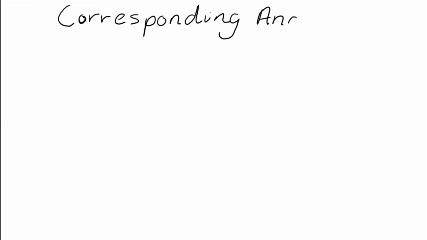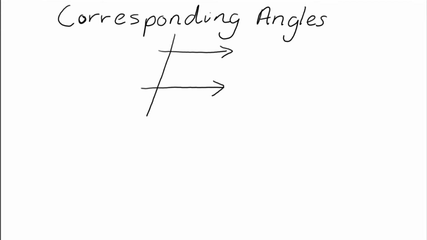Now we're going to do corresponding angles. And corresponding angles are in an F shape. So if you've got an angle below the parallel line, then look at the other parallel line and just underneath that to the same side will also be the same size.